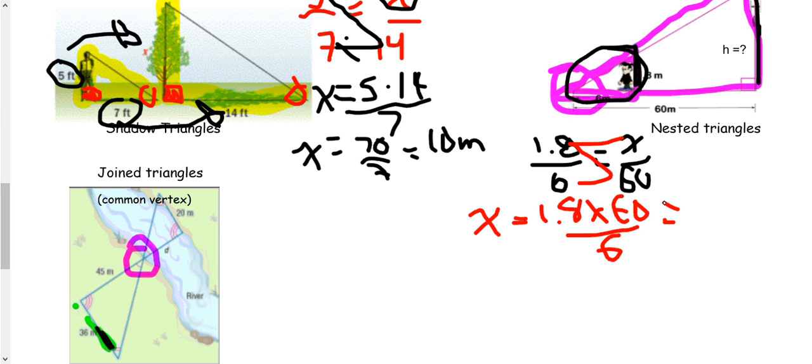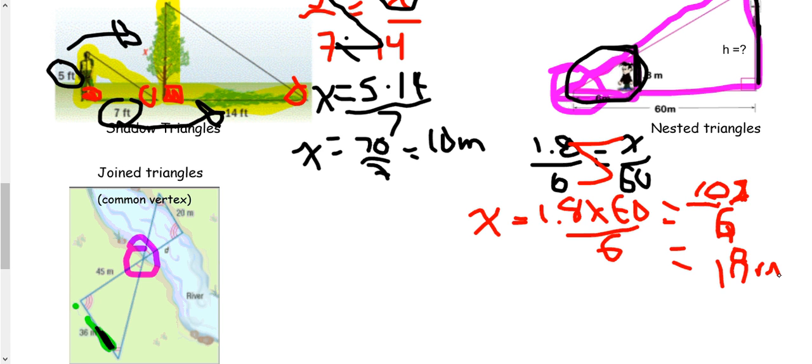So 1.8 times 60 divide by 6, we'll get 108 divide by 6. 108 divided by 6, and we're going to get 18 meters. There. So that's an indirect measurement.